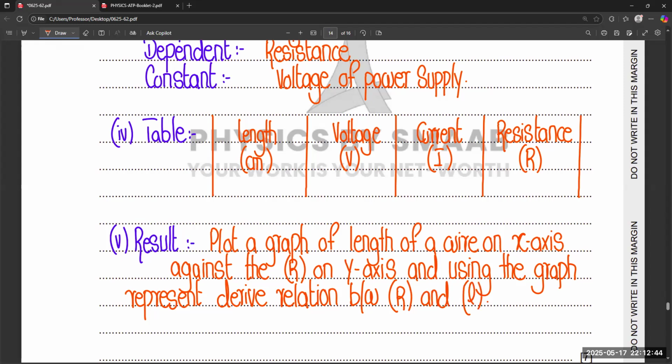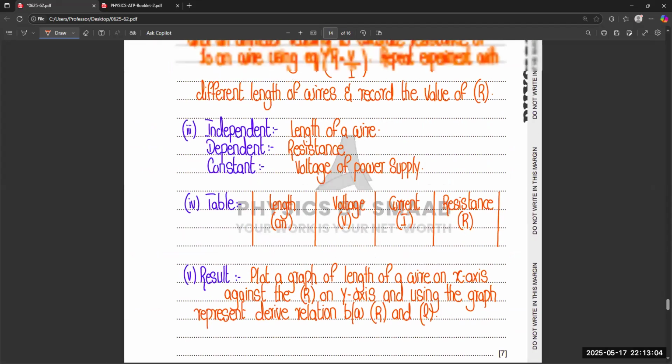Because if we got a straight line, it means directly proportional. If we got an exponential decrease or increase line, it means they are not directly proportional, they are inversely proportional, etc. So this is the scenario, and this is the final question of this paper, right?